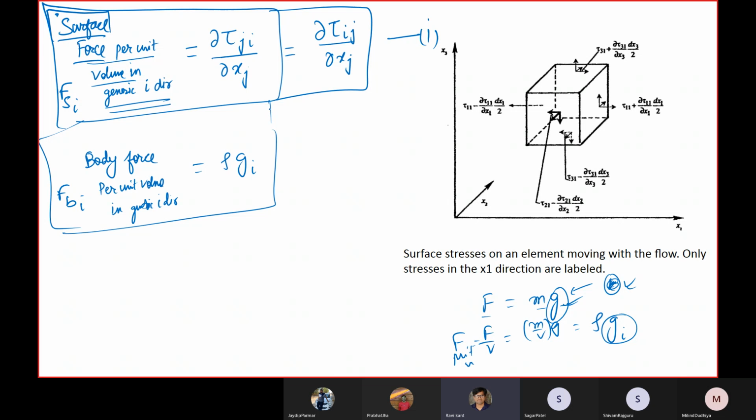Now, you remember our Lagrangian approach. These two forces give the net acceleration to the body, and that we wrote in terms of total forces per unit volume.